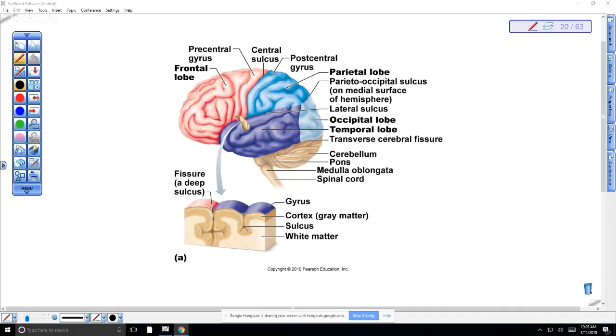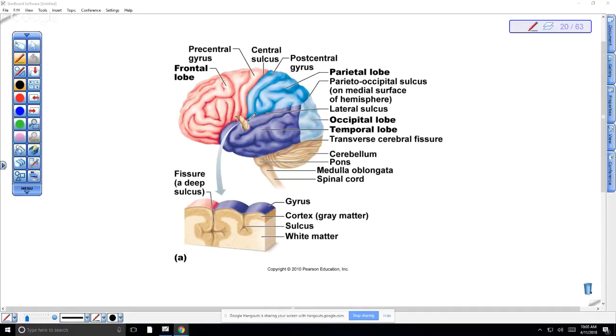So also remember that we talked about the 5 different lobes of the brain that correspond to the structures in the skull. So the frontal, parietal, occipital, temporal, and then the one that is inside is called the insula. So it is actually inside this lateral sulcus, which is right here.